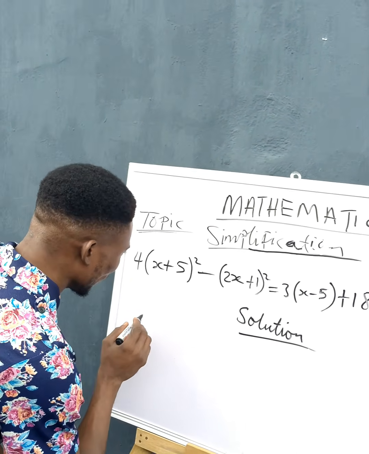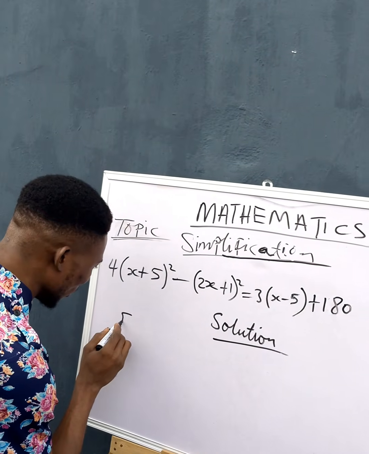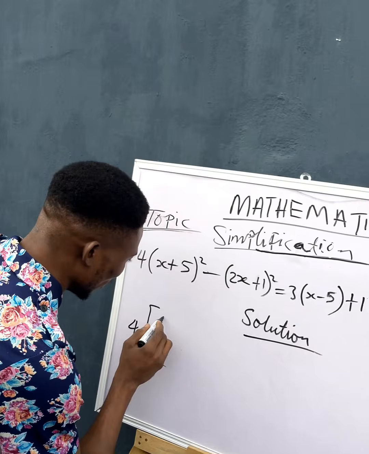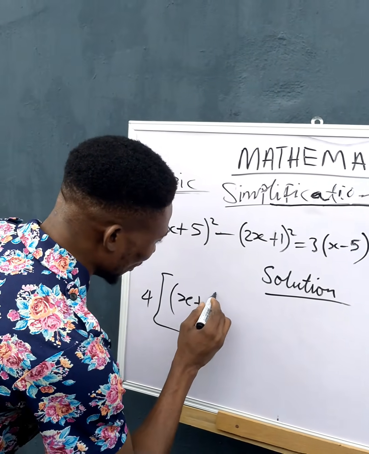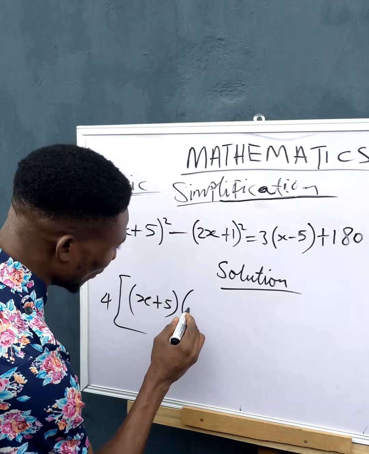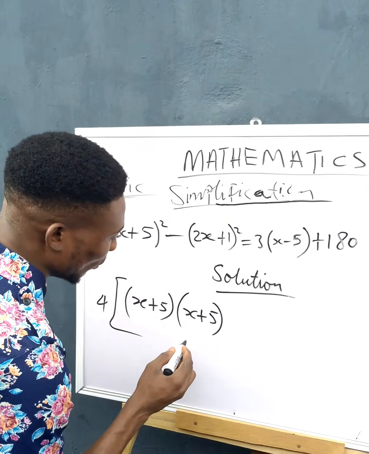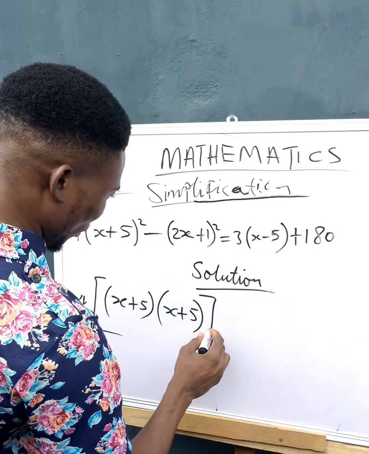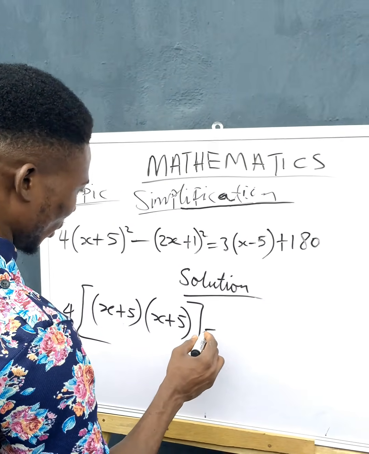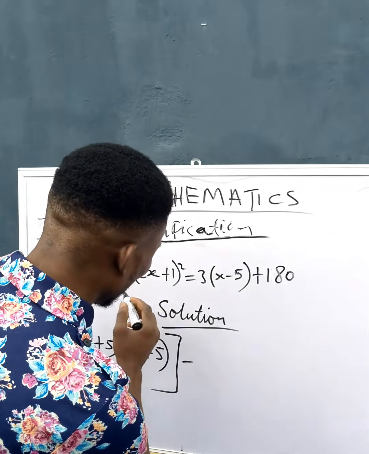We say this bracket now is 2. We say 4 bracket x plus 5 plus bracket x plus 5 bracket minus this bracket.